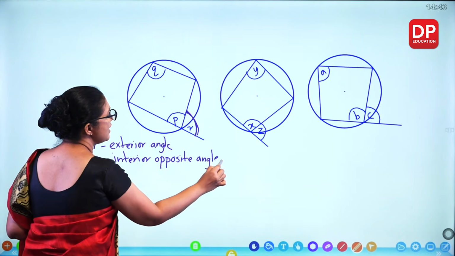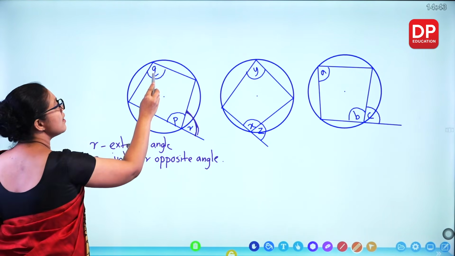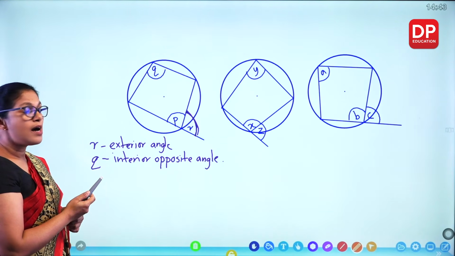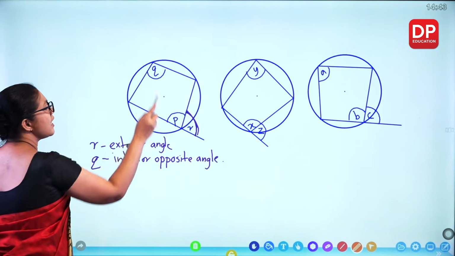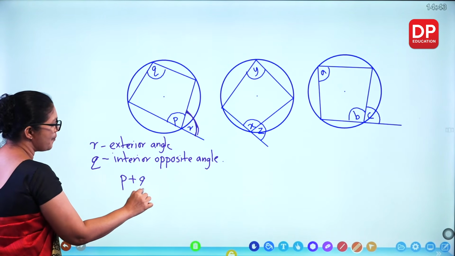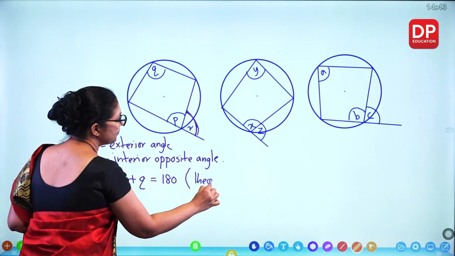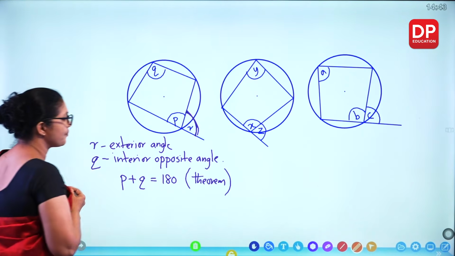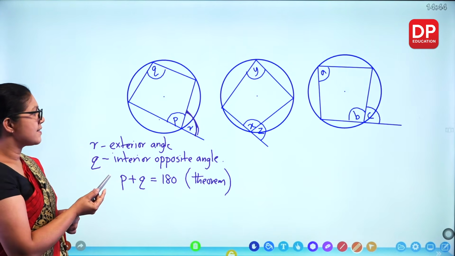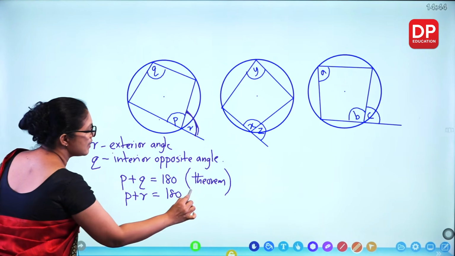We know from the previous theorem, opposite angles of a cyclic quadrilateral are supplementary. So Q and P are supplementary: P plus Q is 180 according to the theorem. But what can you say about these two angles, P and R? That's a straight angle. P plus R is 180.